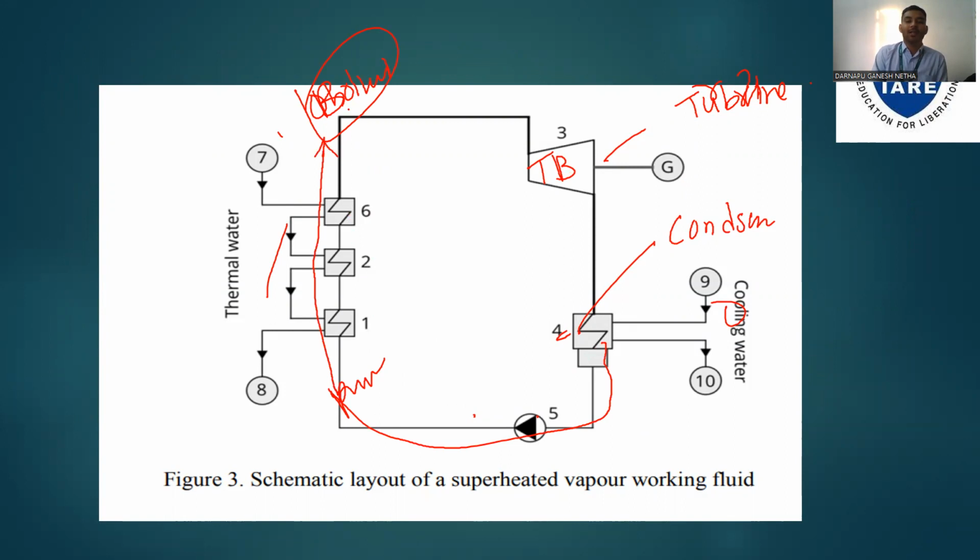The boiler generates the vapor and sends it to the turbine, where the expander is. This is the basic working of an ideal cycle.